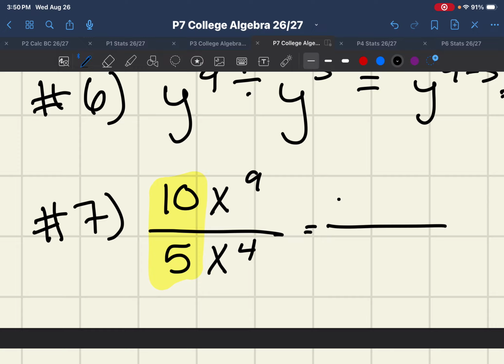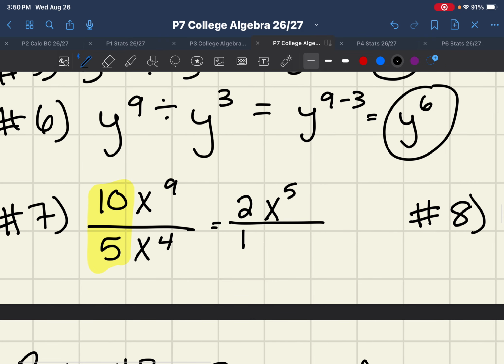Or I can write that as 2 over 1. x to the 9th divided by x to the 4th, I subtract the exponent, so 9 minus 4, and I get a positive 5. So since I got positive 5, I'm going to leave that on the top, so x to the 5th, which means this is the same as saying 2x to the 5th because I don't need to write over 1.